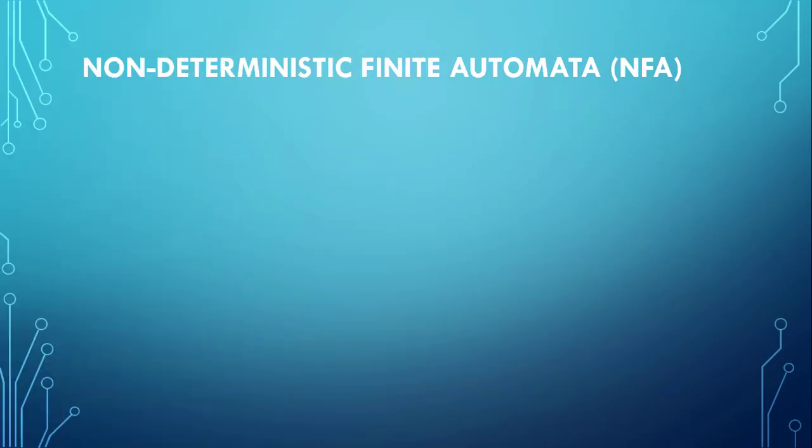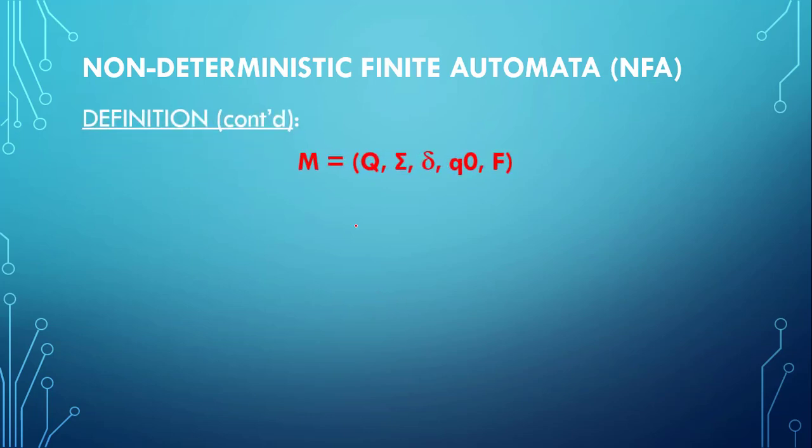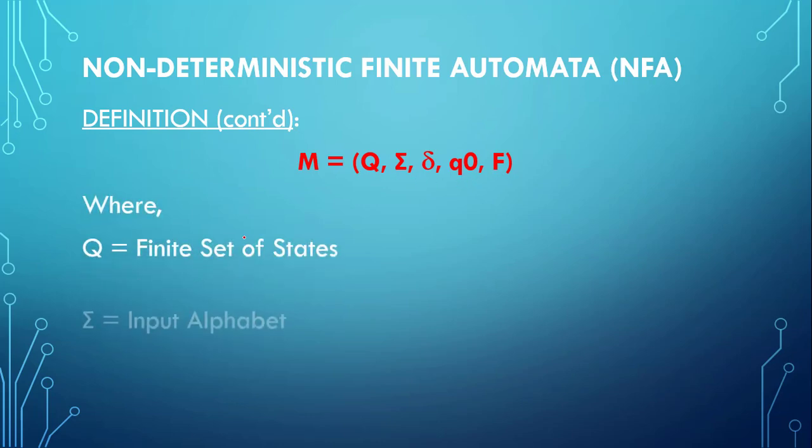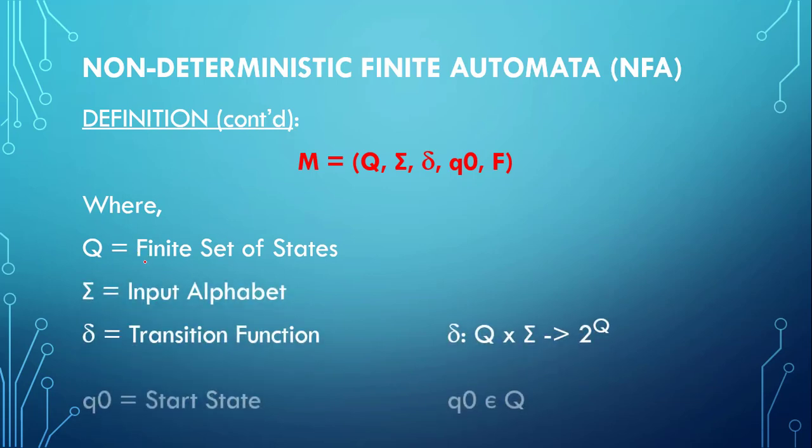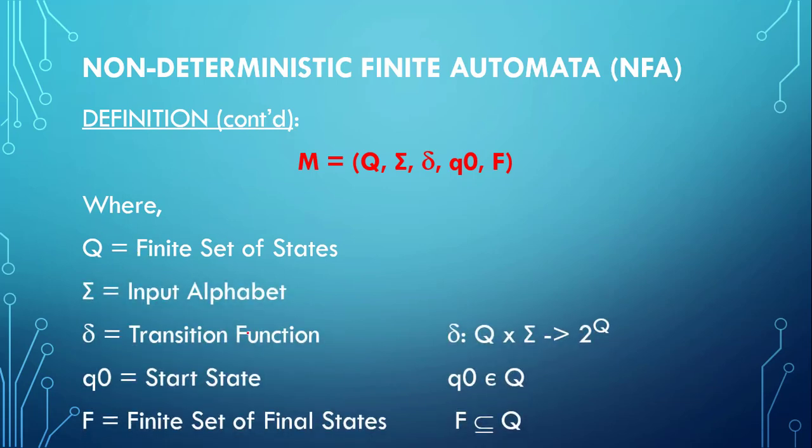Let us see the mathematical model of our NFA and conclude our definition with an example. So here M is equal to Q, sigma, delta, Q0 and F. Here it is going to have the similar representations of each symbol except a change being in the transition function, where transition is represented as Q cross sigma giving us 2 raised to Q. This 2 raised to Q is because there can be 0, 1 or more transitions over the input from each state.